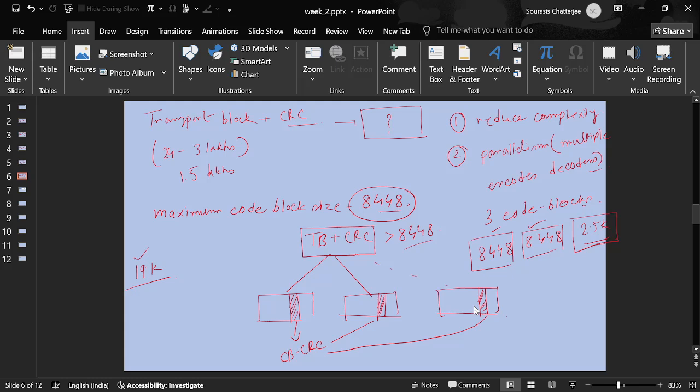For the third block, a higher SNR will be required for decoding. Why is that? Because you are saying that the block error rate increases for a lower code block size. Is that what you are pointing out? Yes. Okay. And what is the issue with that?